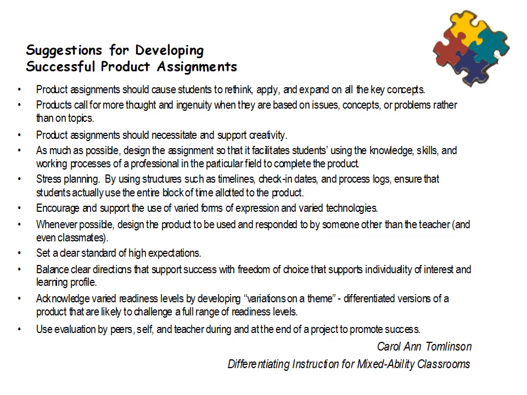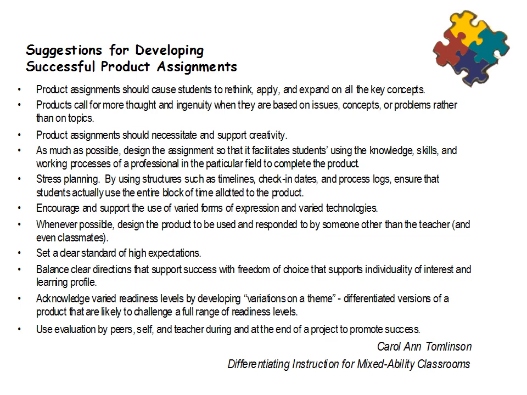Six, encourage and support the use of varied forms of expression and varied technologies. Seven, whenever possible, design the product to be used and responded to by someone other than the teacher, even a classmate. Eight, set a clear standard of high expectation. Nine, balance clear directions that support success with freedom of choice, that supports individuality of interest and learning profile.